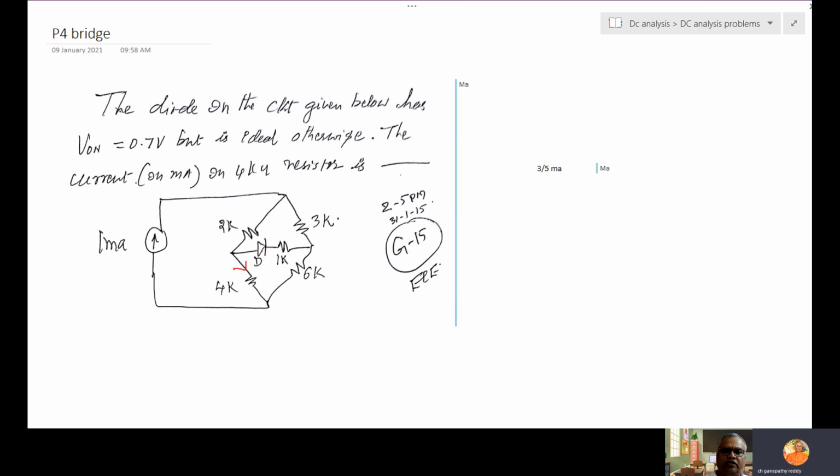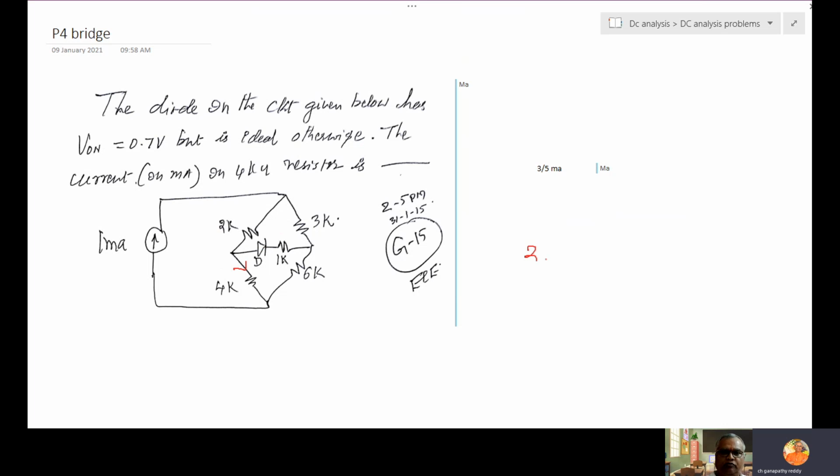Generally, normally how will a student think? Try to make the diode open, find the anode voltage and cathode voltage. Is it greater than 0.7? If it is greater than 0.7, on; if it is less than 0.7, off. Like that, time will be wasted. So the simple idea is 4K into 3K is equal to 2K into 6K.